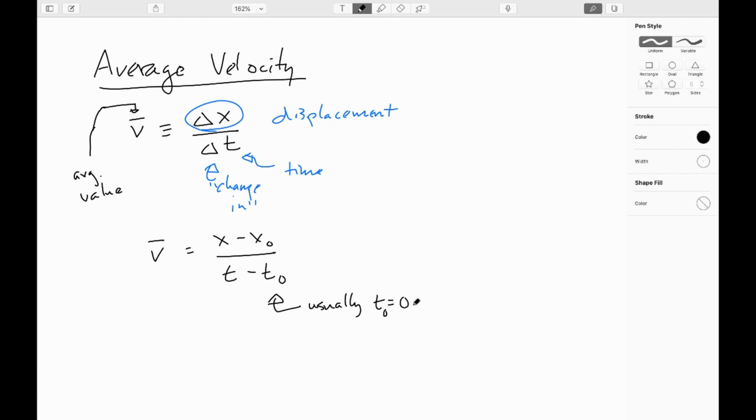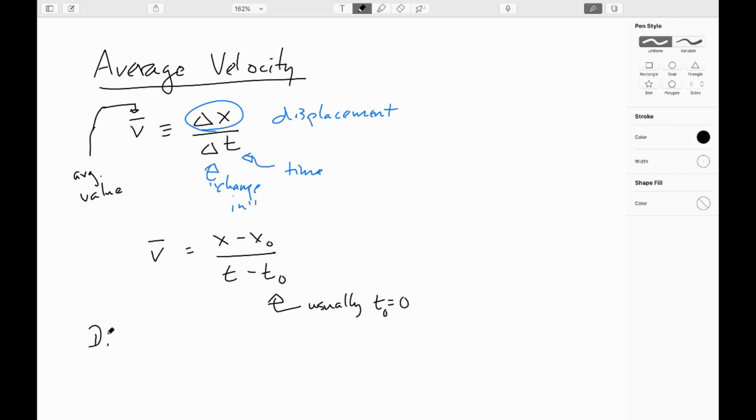So usually you can just go ahead and set 0 to be the beginning of the problem. There are times where you can't, though, so this is technically the most correct. And so these should be kind of viewed pairwise. This is the time at which the object was at the initial position. This is the time at which the object was at the final position.